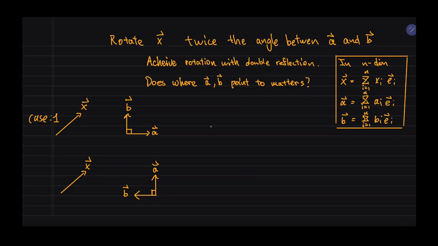So we reflect with respect to a, then we reflect with respect to b. So this is x, and this is a, and we reflect with respect to a, so we get this, called x prime, and then we reflect with respect to b.